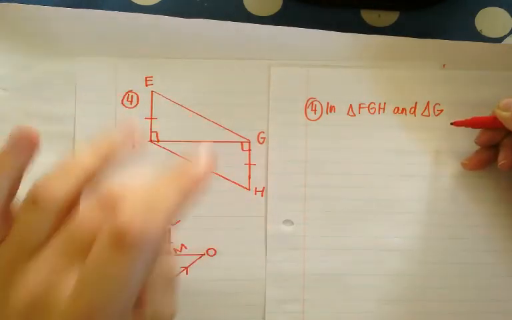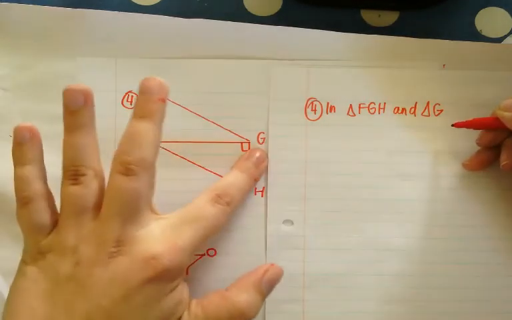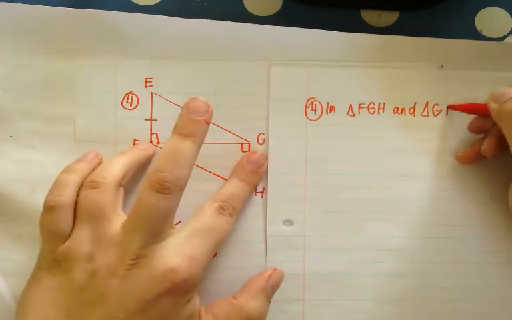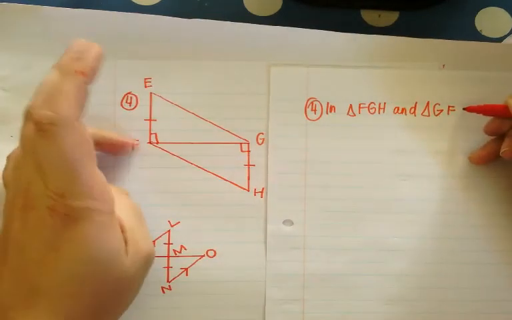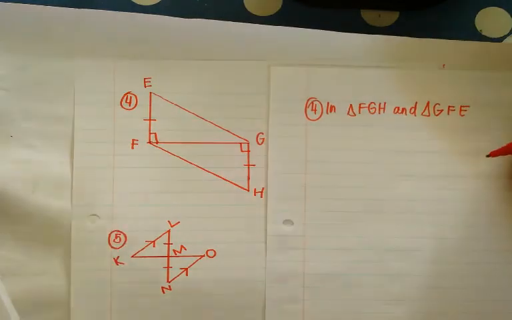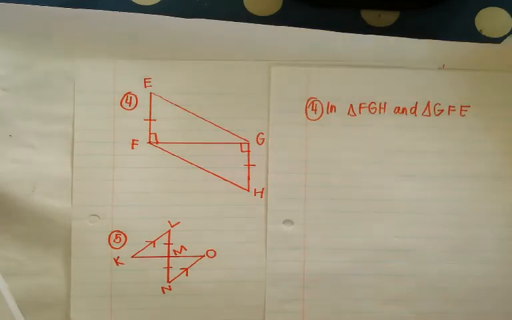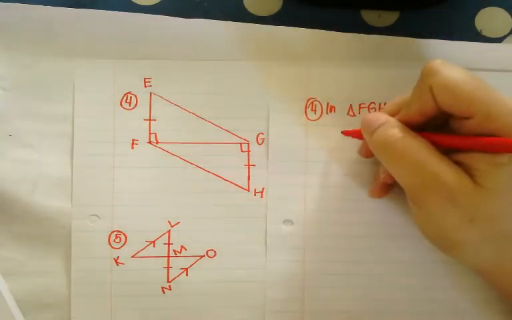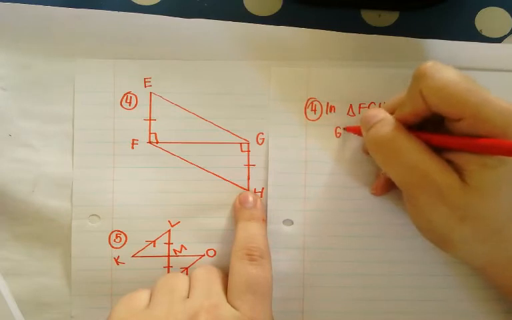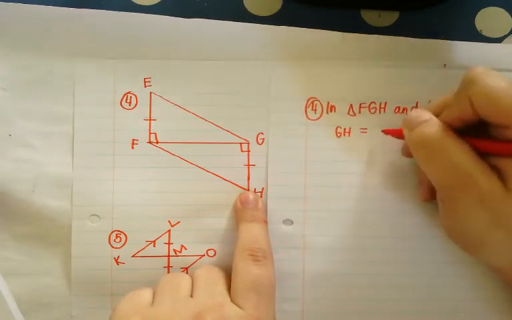FGH, sorry. So F would be G, and then F, and then E. Then we can just write what we see. I'm starting with the bottom triangle first, so I'm writing that information first.